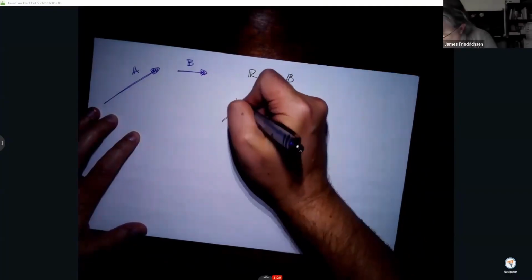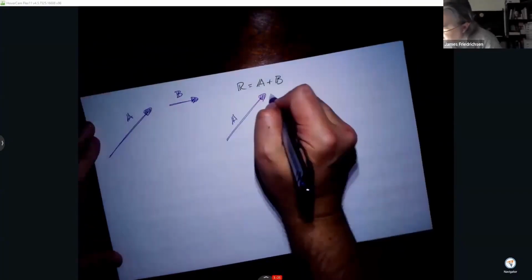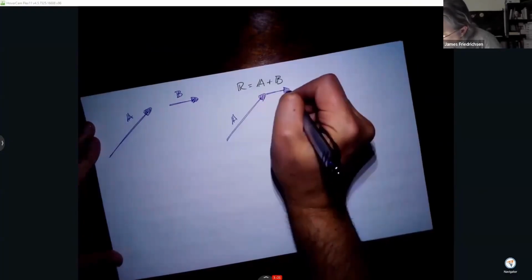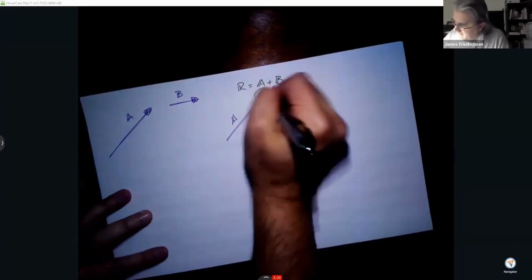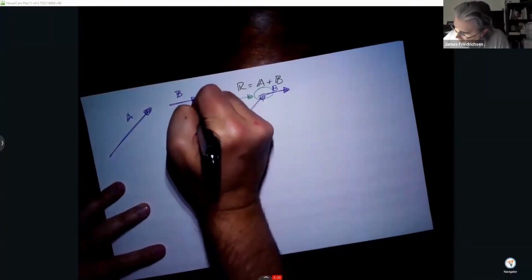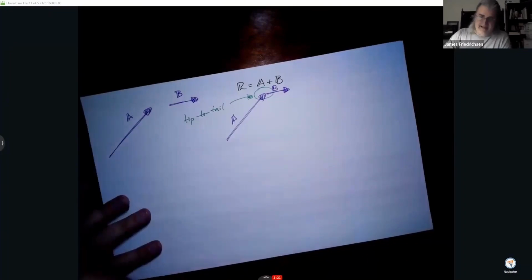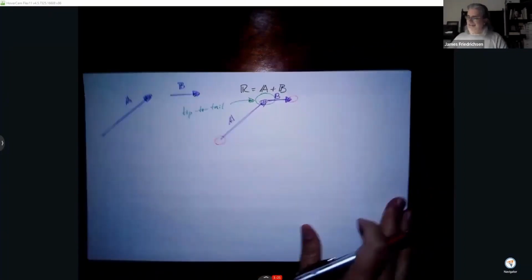We draw A first, and we place the tail of B at the tip of A. Again, we can do this because we can move the vectors. So these are placed tip to tail. And then our resultant vector goes from where we originally started to where we finally ended.